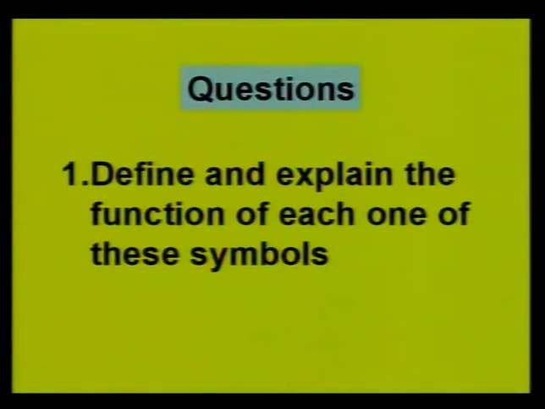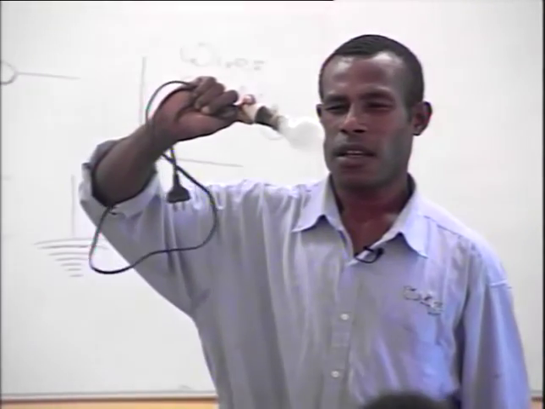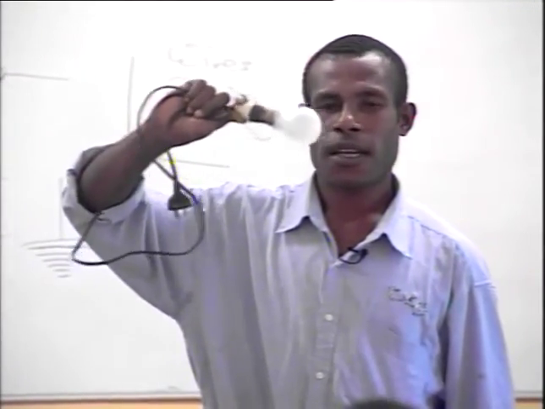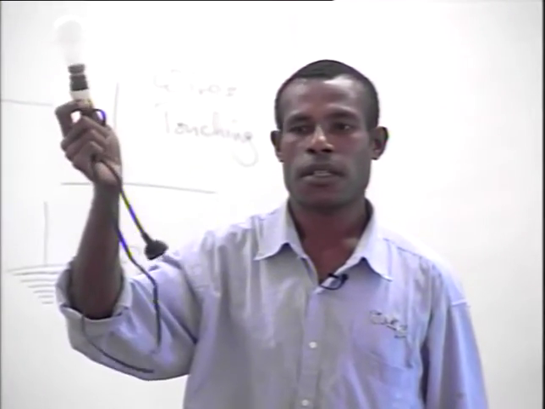All right, the next one is a light bulb. You can see that this one is kind of invisible inside. You cannot see what is inside. So what do you think this is?